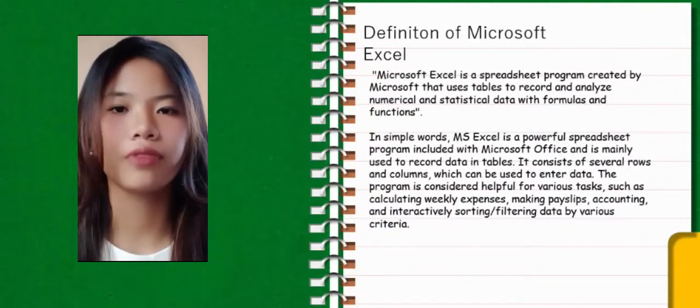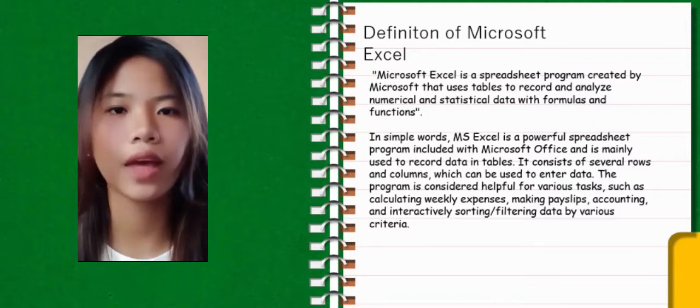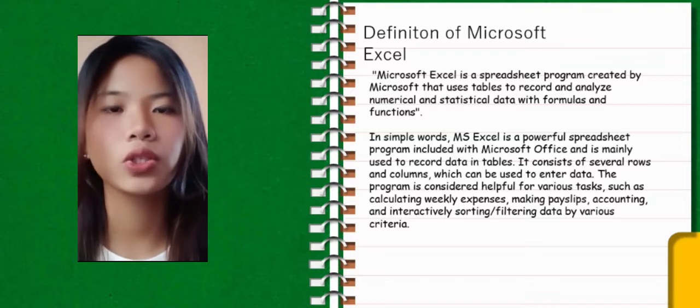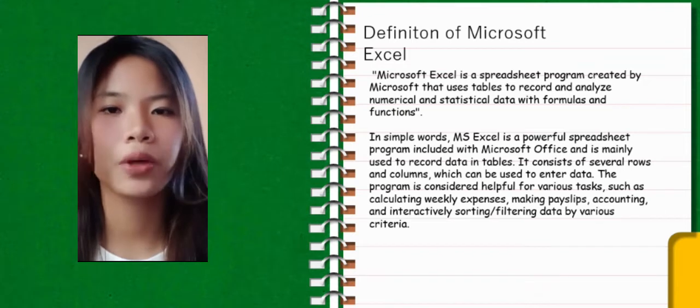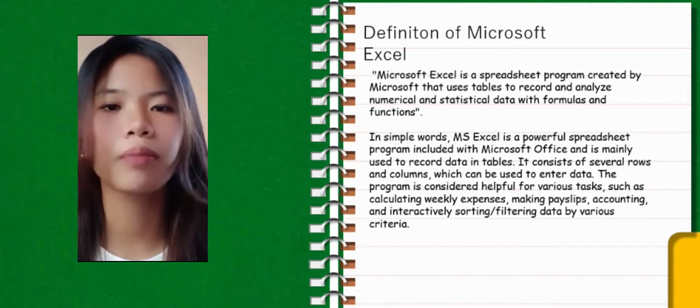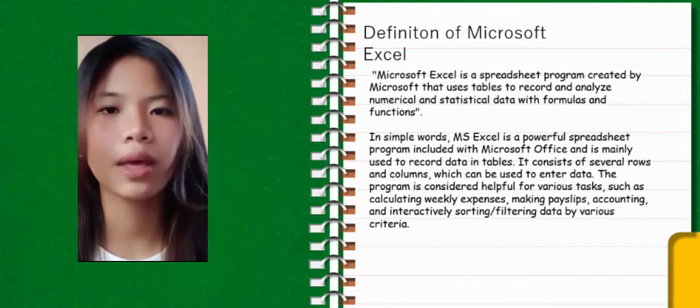Definition of Microsoft Excel. Microsoft Excel is a spreadsheet program created by Microsoft that uses tables to record and analyze numerical and statistical data with formulas and functions. In simple words, MS Excel is a powerful spreadsheet program included with Microsoft Office and is mainly used to record data in tables.